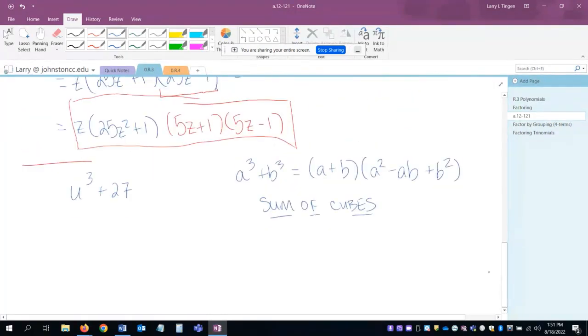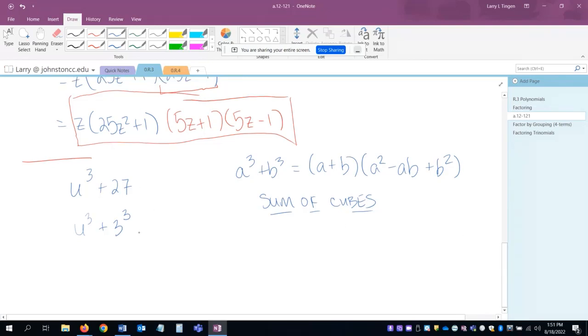Okay, so do I have that situation? Is my first term something to the third power? Yes, u is to the third power. Is my last term something to the third power? Yes, because 27 is 3 cubed. So follow our pattern here.